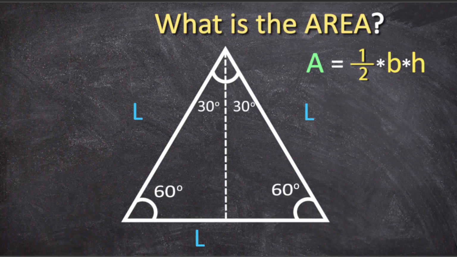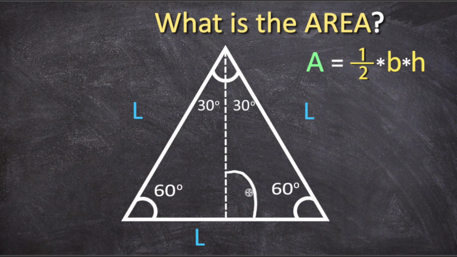We've also created two triangles with this split line, so that each triangle has a 30-degree angle and a 60-degree angle. We can figure out the remaining angle. Let's call that angle x. We know that x plus these two angles must equal 180 degrees because the sum of angles in a triangle add up to 180 degrees.